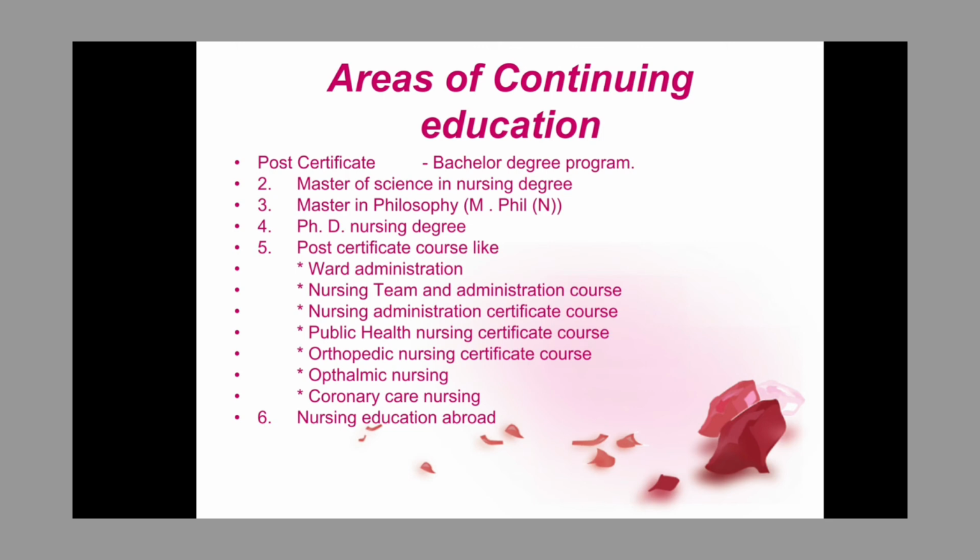So we know that post-certificate programs, bachelor degree program, MSc Nursing, Master of Philosophy, PhD, post-certificate courses, like different certificate courses are there now. So we can go through that one. Okay, these all are the areas of continuing education.